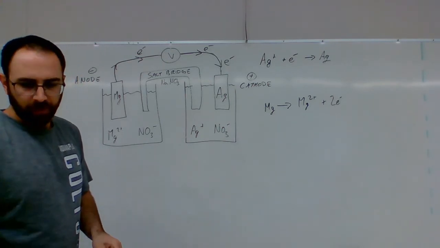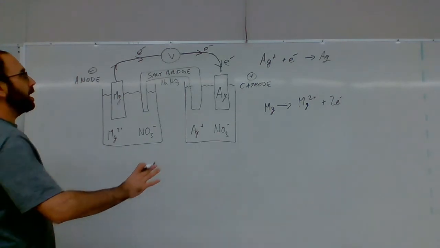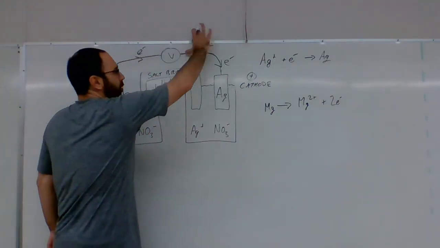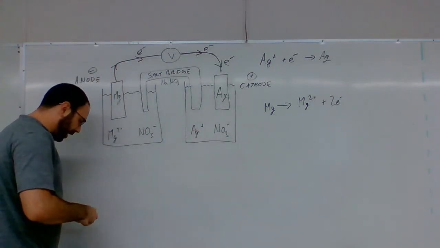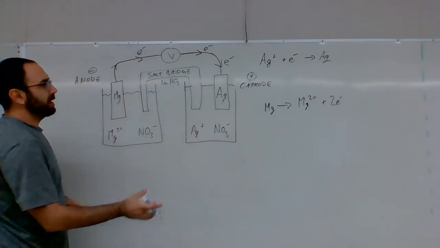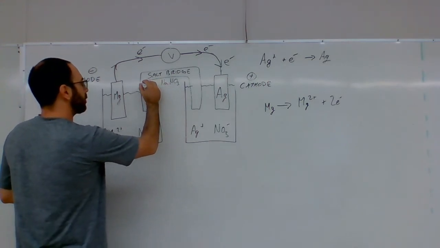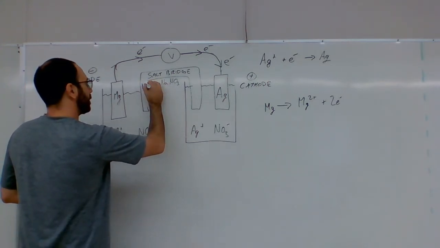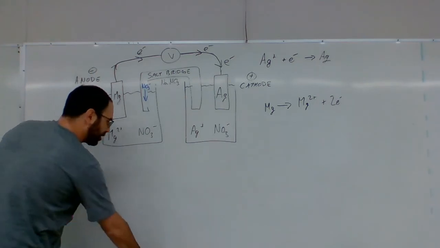So in order for this to happen, this is where the salt bridge comes into play. If electrons are going into this side, we would start to see a buildup of negative charges here. Well, what happens then is that these NO3 minus ions, these nitrates, are going to start to flow in this direction here, okay?